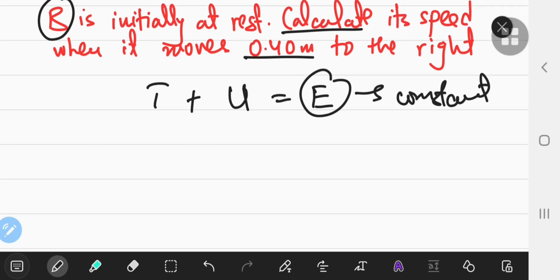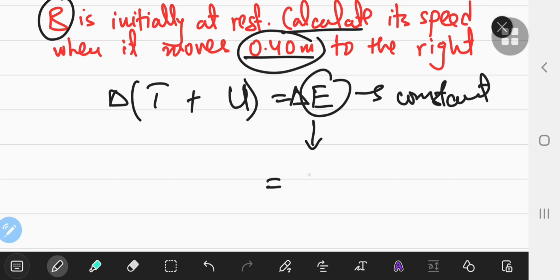Now, because this is a constant, that means due to some internal change in the system, like in this case, the motion of the mass B 0.4 meters to the right, there will be no change in the total mechanical energy.